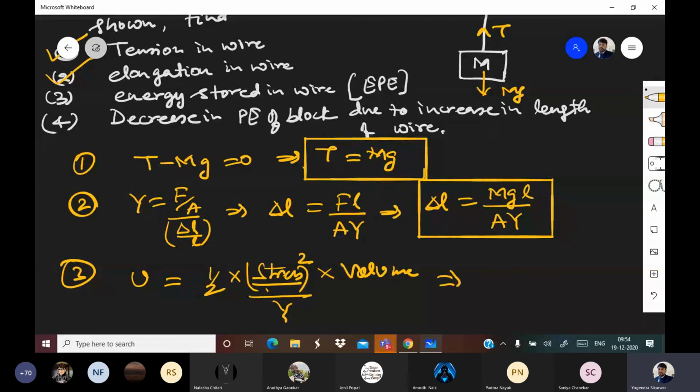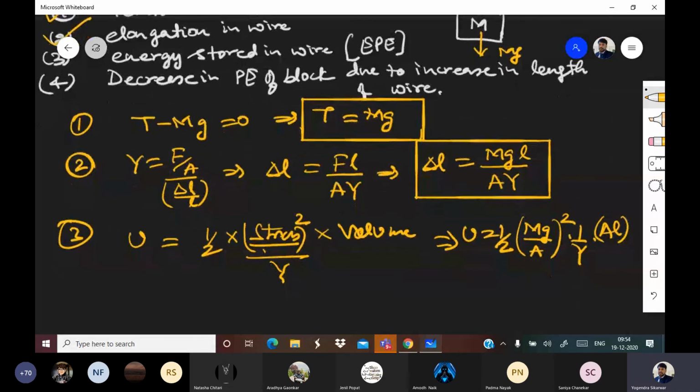So U is equal to half into stress square upon Y into volume. Stress will be mg upon A, so U is half into (mg upon A) whole square into 1 upon Y into volume. Volume will be A into L, the volume of the wire.